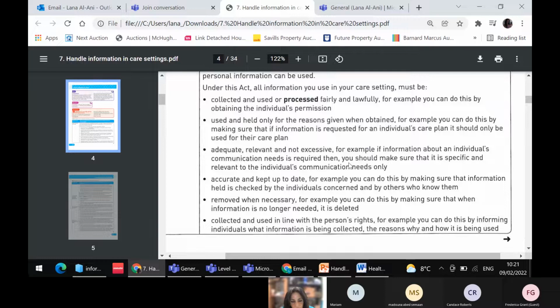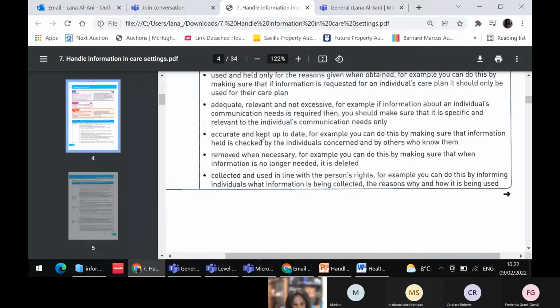Also, used and held for a reason. So we don't collect everything. We collect specific information that we need for our work. And also accurate and kept up to date. Very important.